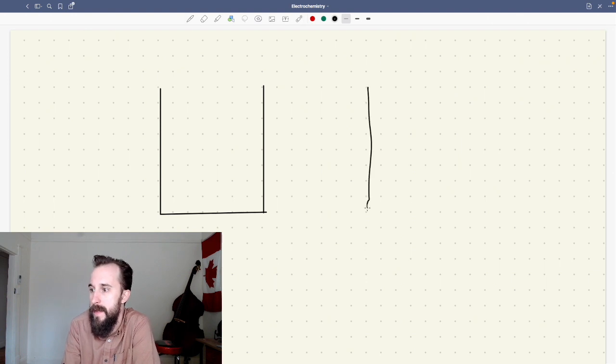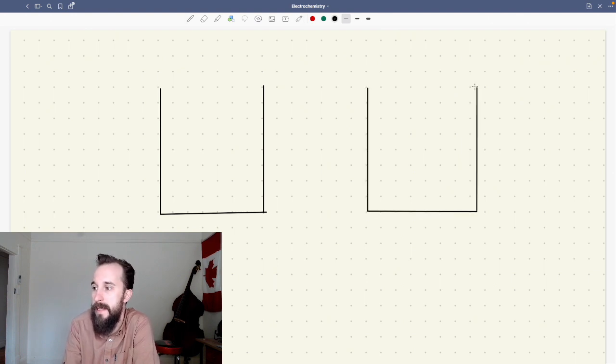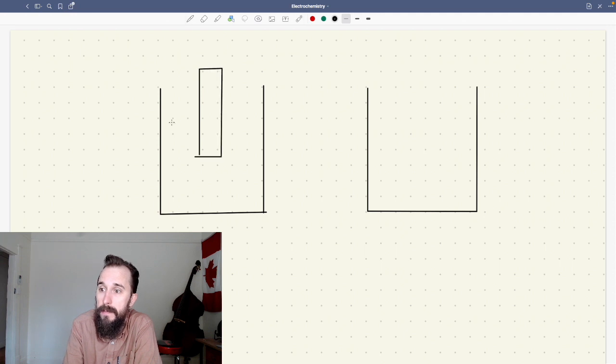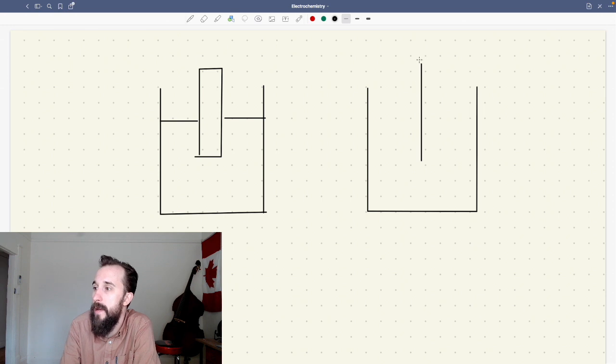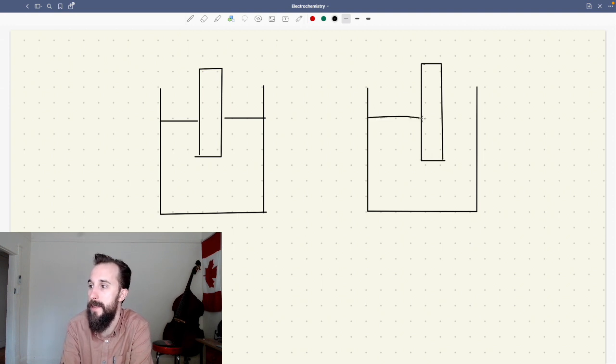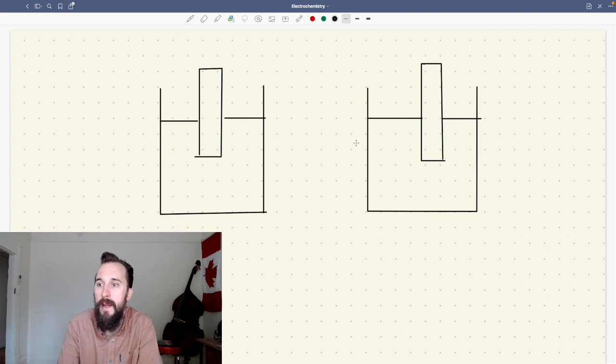We want to draw the other half cell, and these are separately contained from one another. We're going to pop our metal electrode in there, and that's in our metal ion solution. Now we will be looking at other kinds of half cells that aren't metal and metal ion, but for now let's just keep it simple and introduce this one that we've just introduced. So we've got the metal rod and we have the solution.